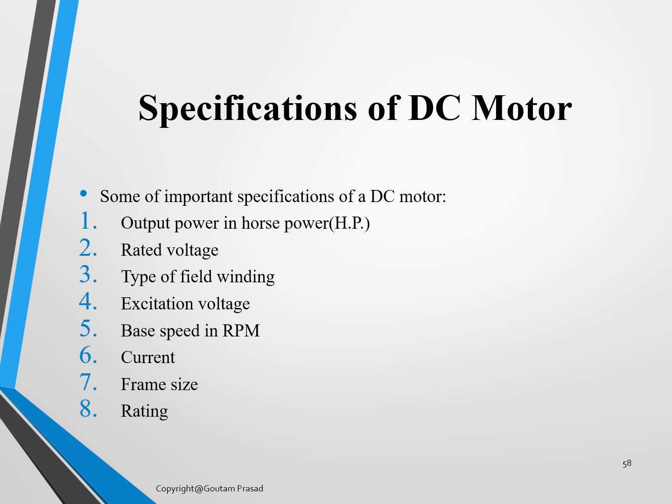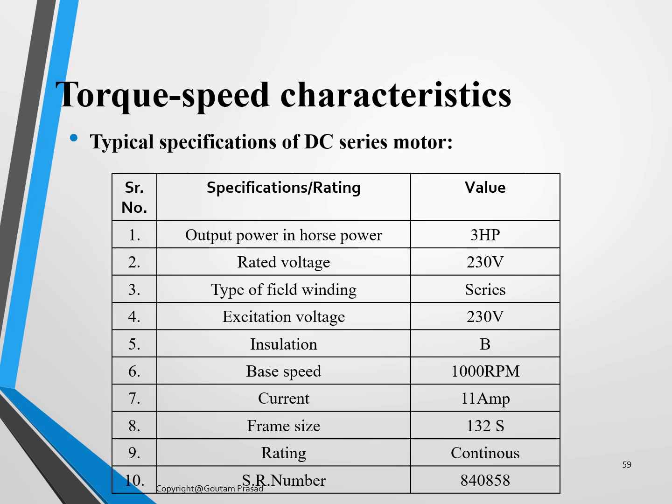Specifications of the DC motor. Some of the important specifications of the DC motor are as follows: output power in horsepower or kilowatt, rated voltage, the type of the field winding, excitation voltage, base speed in RPM, current, frame size, and rating and duty also.